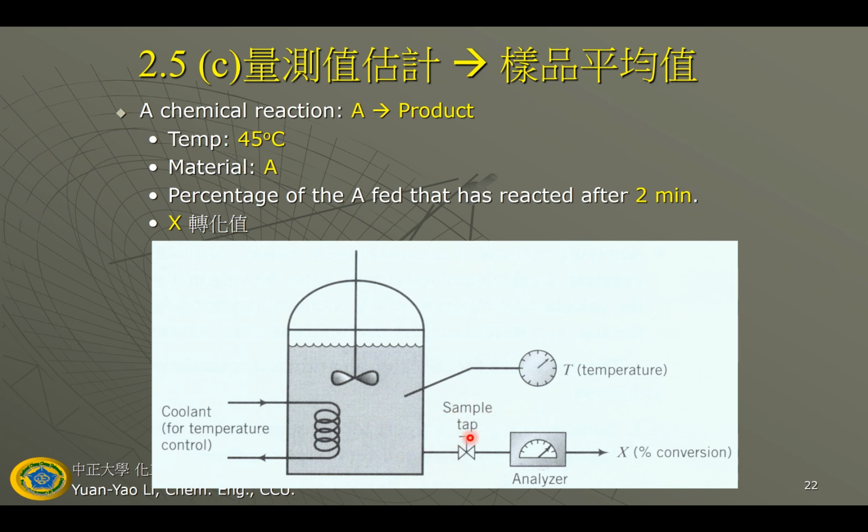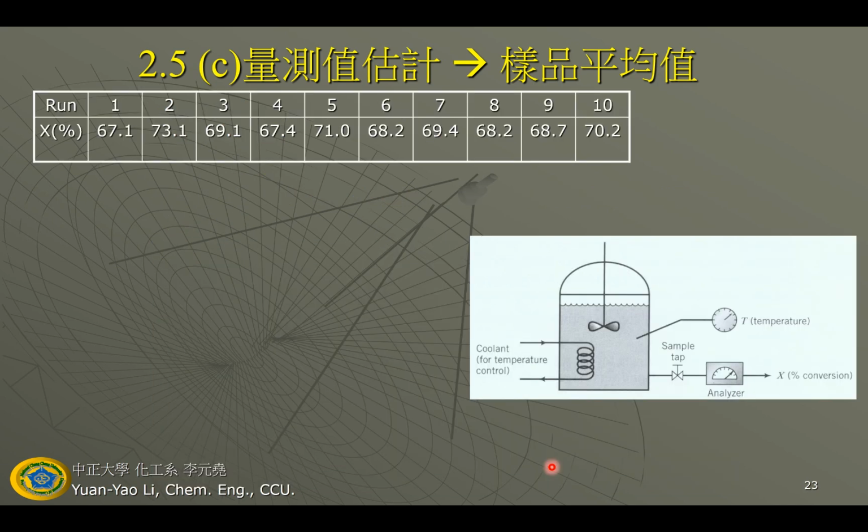So at the sample tap, you open it after a reaction of 2 minutes, and you get an analysis. Then you do this experiment 10 times, or you ask 10 people to do the same experiment, and you get answers like this.